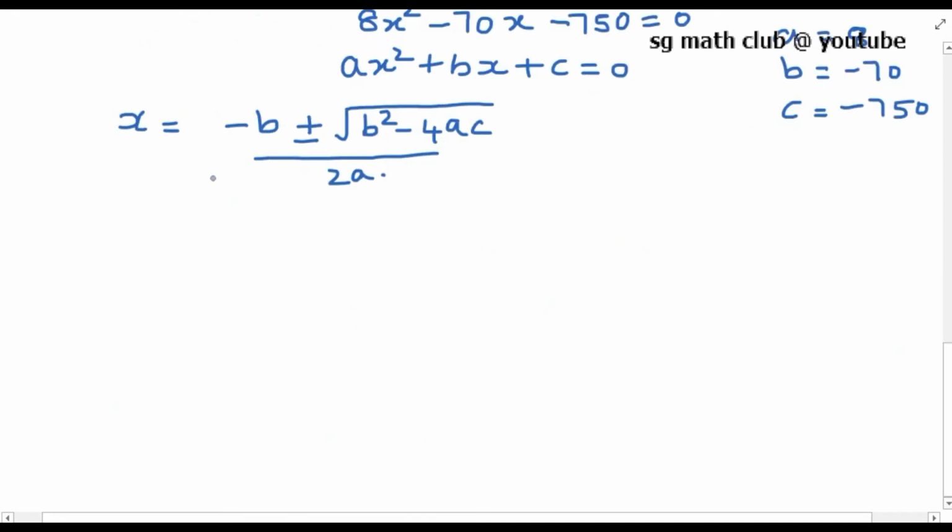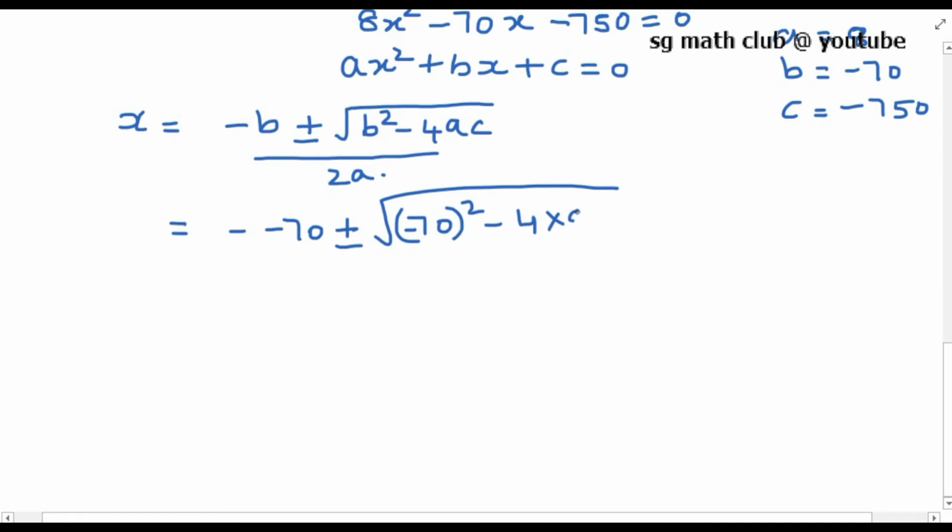So which is equal to minus minus 70 plus or minus square root of minus 70 the whole square minus 4 into 8 into minus 750, divided by 2 into 8. So it is 2 into 8.